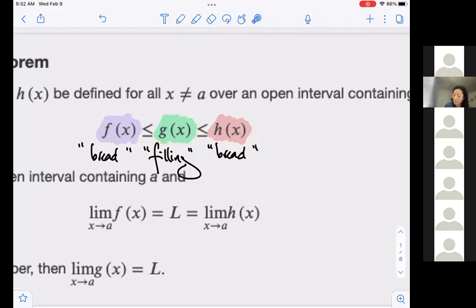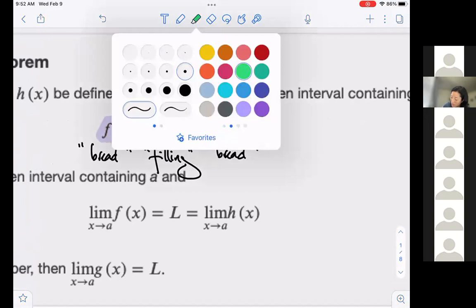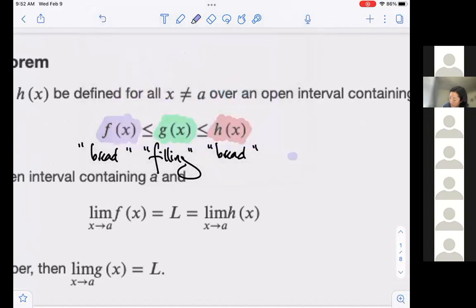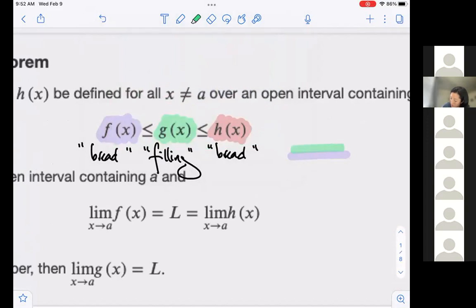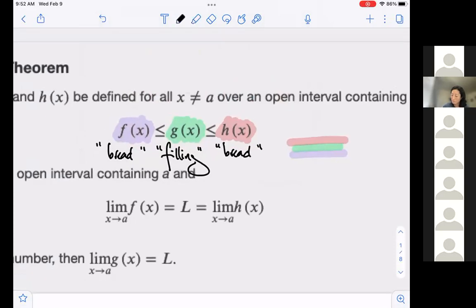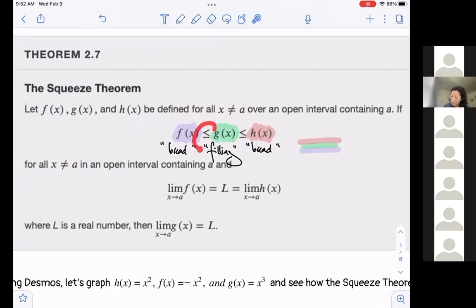So if we think about this like a sandwich, we've got on our plate our slice of bread, our filling, and then our other bread. These inequalities tell us that the red function is always above the green one, which is always above the purple one.